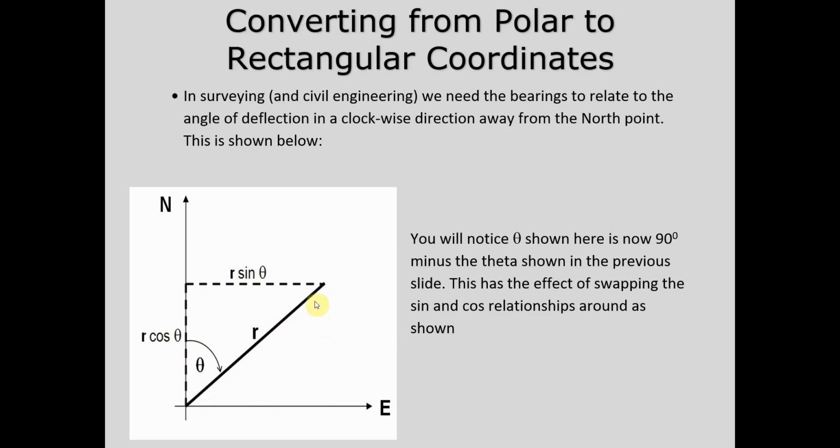So rather than describing the line with a length and an angle, we measure this line, multiply by the cosine of this angle, and that will give us the length on the vertical axis, that will be northing. Measure this line multiplied by the sine of this angle, and that will give us our easting, which is the same as if I draw a parallel line here.